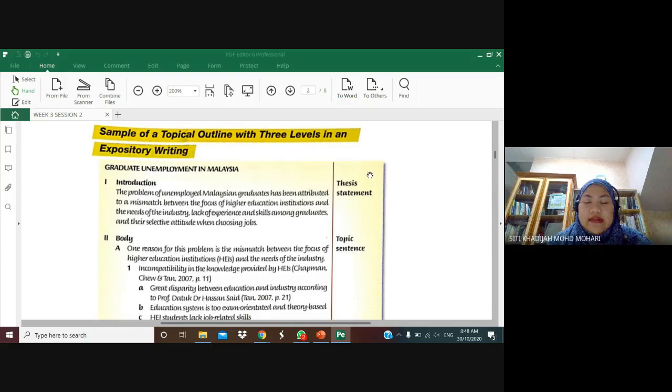As I mentioned earlier, your thesis statement is going to tell us what the main ideas, or the controlling ideas, are for your body content. So we immediately know that the first paragraph is going to talk about a mismatch between the focus of higher education institutes and the needs of the industry. That is the main idea for body content number 1.